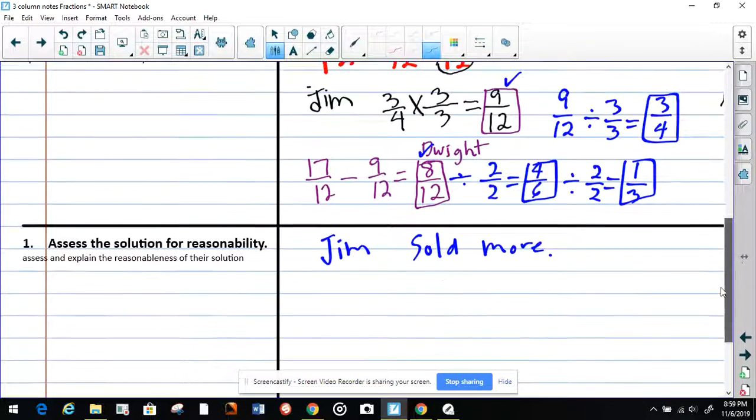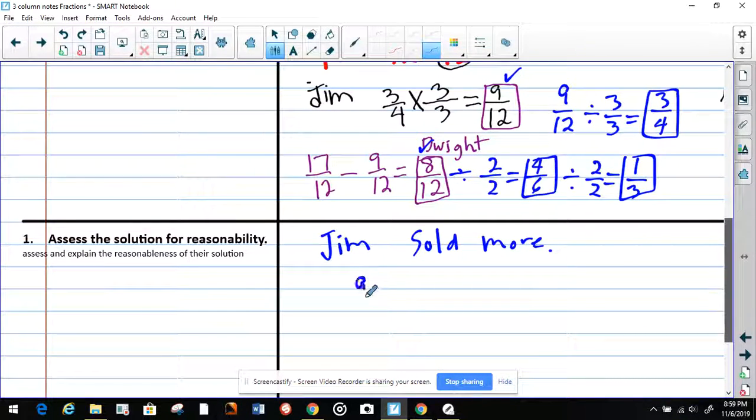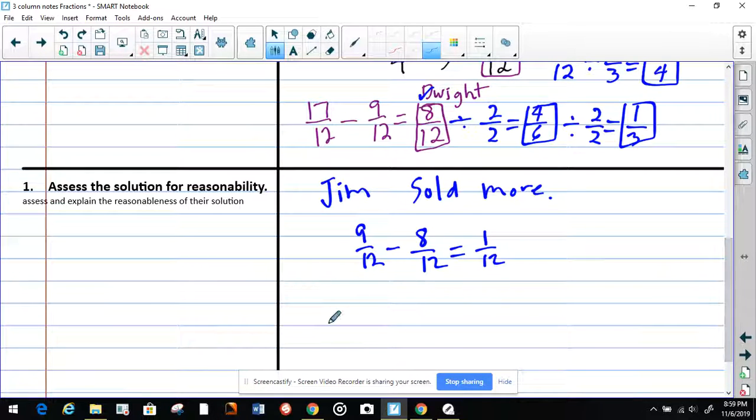Well, if we compare 9/12 minus 8/12, Jim sold 1/12 more than Duane. So we can say Jim sold 1/12 more than Duane.